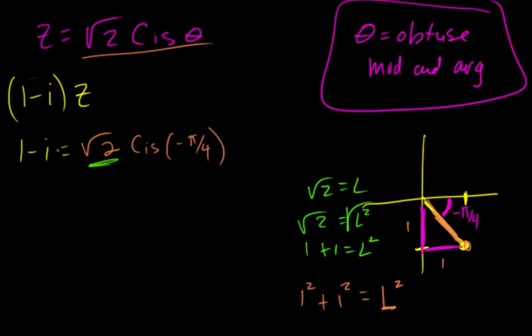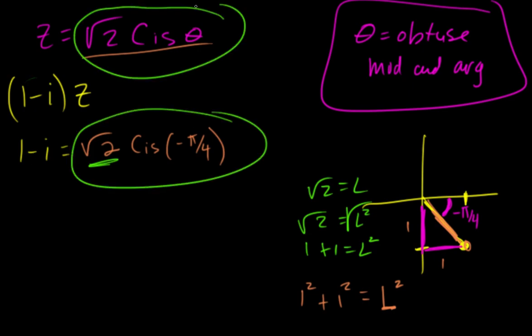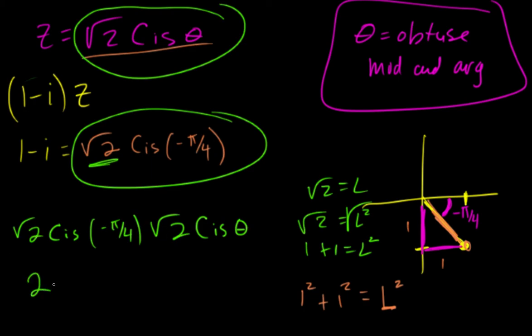Okay, that's how I got this. Now that we know that, we're just going to multiply this by this. So we get square root of 2 and then square root of 2. And if we multiply these together, square root of 2 times square root of 2 is just 2. And then when we multiply this, we just add them together.